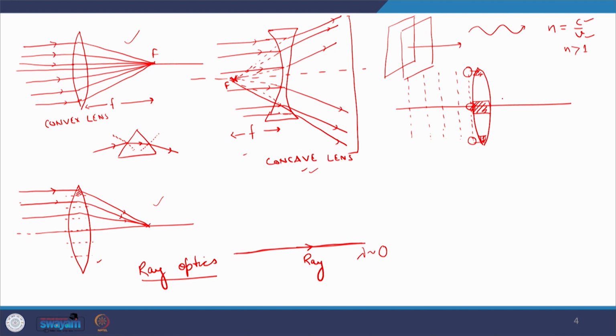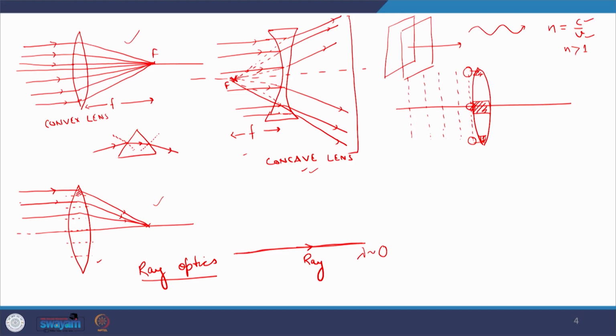Therefore, the velocity of the wave front within the lens would be smaller. Since central part of the wave front is staying for longer duration within the lens, therefore, it would be delayed as compared to the extremity of the wave front, and therefore, this central part would be delayed and this part will be ahead in time.